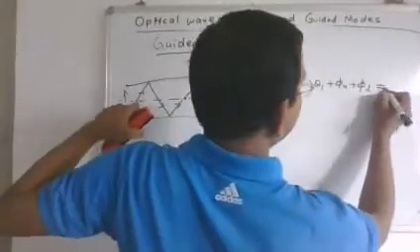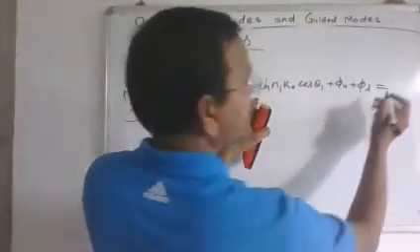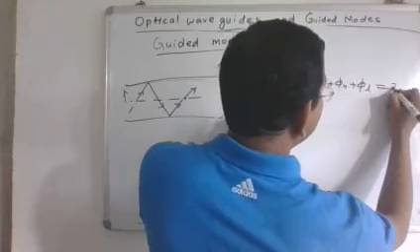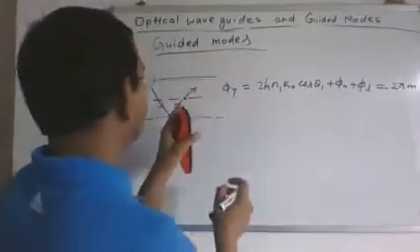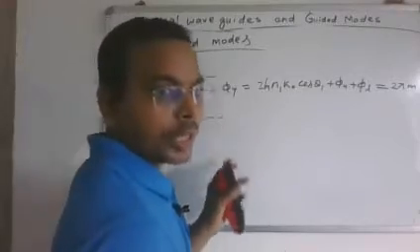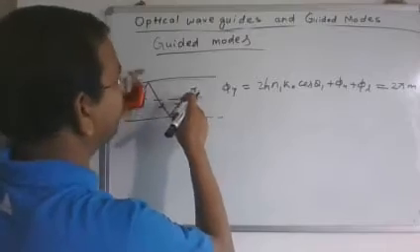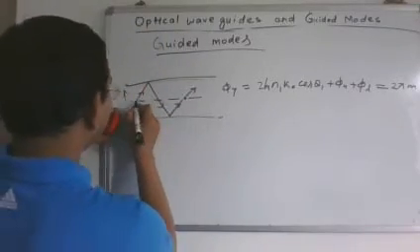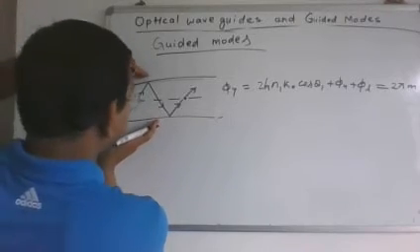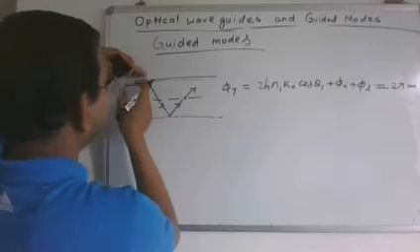If the total phase change in the vertical direction, which is called the round trip phase, is an integral multiple of 2 pi, then there will be constructive interference, and these waves will sustain within the waveguide. The concept is, whenever the round trip phase in this vertical direction, because in the vertical direction there are reflections, phase keeps on changing here.